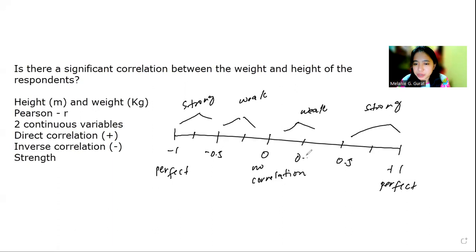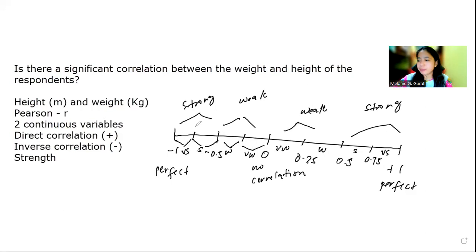Let's say from 0 to 0.25, we can say that this is very weak. From 0.25 to 0.5 is weak, and then strong from 0.5 to 0.75, and very strong from 0.75 to 1. The same case for, of course, our negative values.